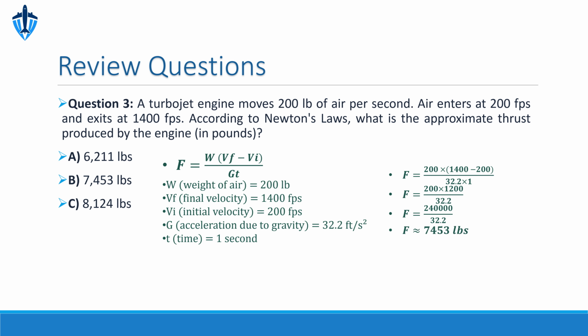F is approximately 7,453 pounds. Therefore, the correct answer is B, 7,453 pounds. This problem demonstrates how Newton's second law directly relates to calculating the thrust produced by a jet engine, specifically by considering the change in momentum of the air passing through it.